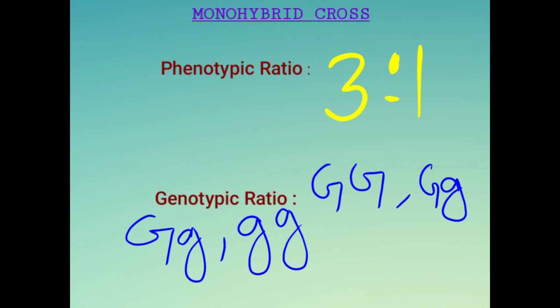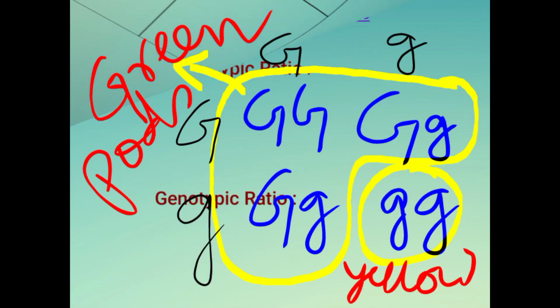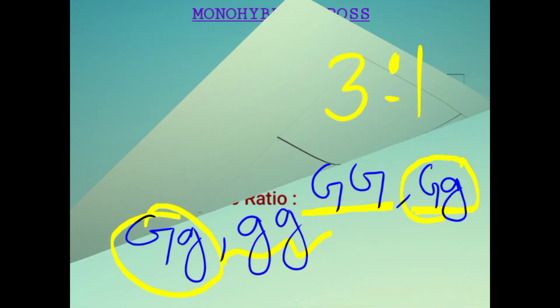So what should be the ratio? 1 capital G capital G, 2 capital G small g, and 1 small g small g.